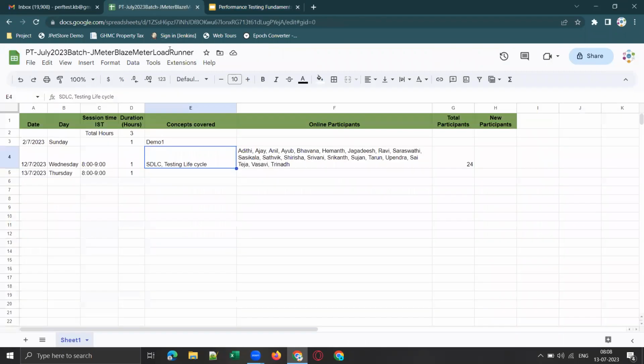So yesterday we discussed software development life cycle and testing life cycle, right? And today we will discuss functional versus non-functional testing. We'll focus mostly on 4 major factors for performance testing.